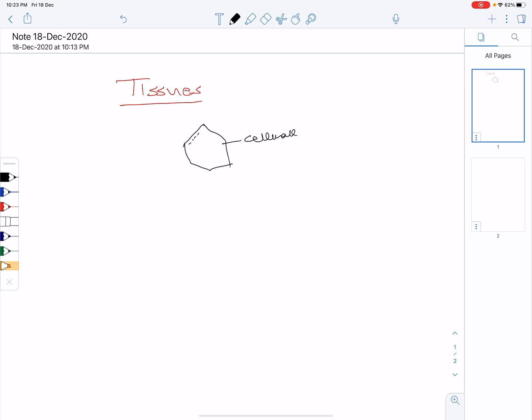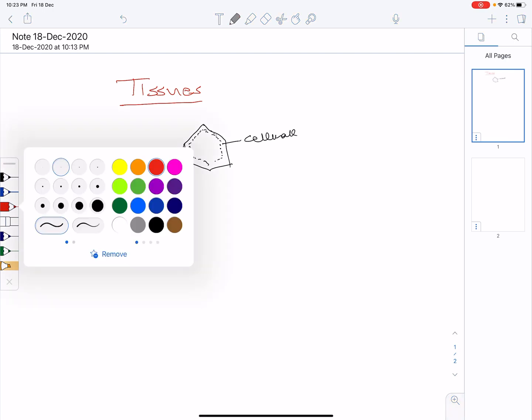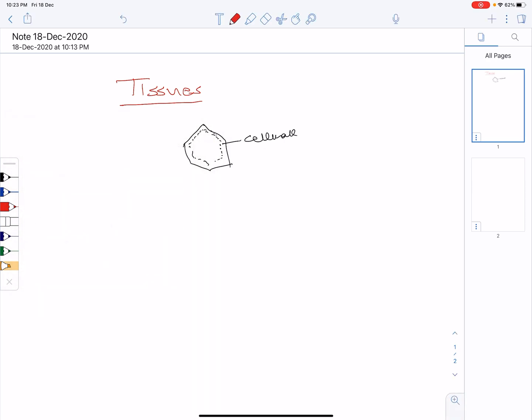Inner to the cell wall is present cytoplasm, nucleus and cytoplasm.